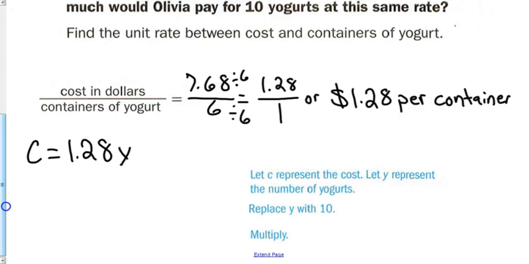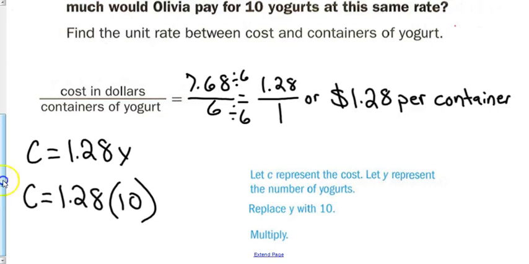We want to know the cost for 10 yogurts, so that becomes $1.28 times 10. We would simply replace the Y with 10. Since this is just a multiple of 10, we can slide that decimal point over 1, and that gives us $12.80 for our 10 cups of yogurt.